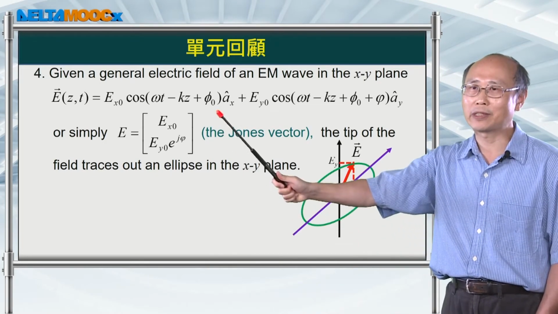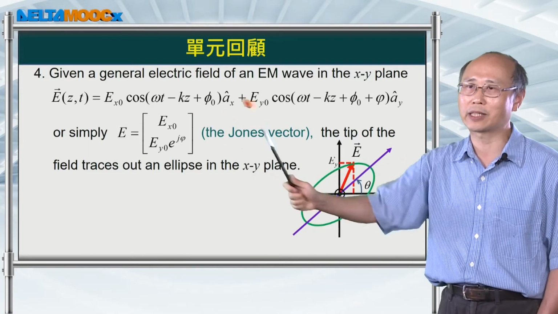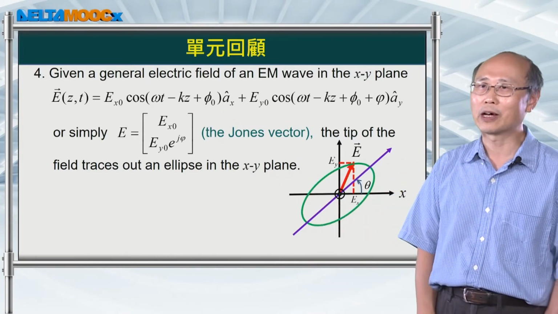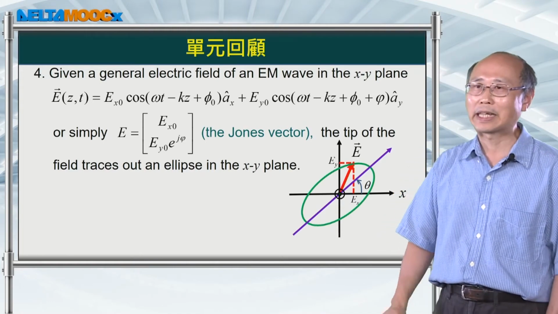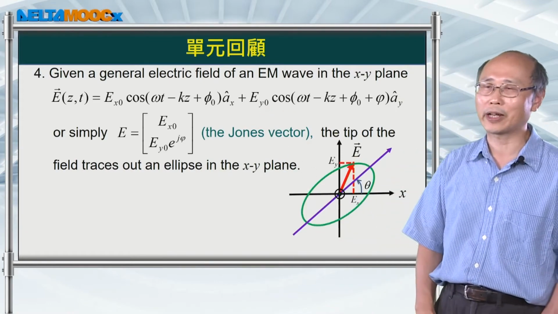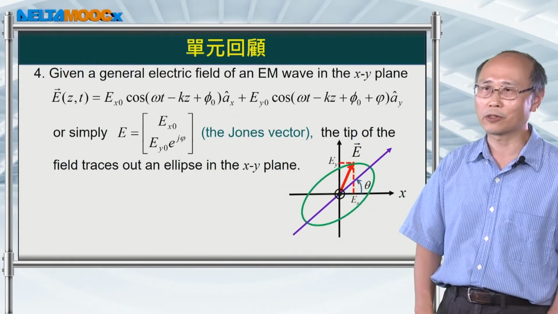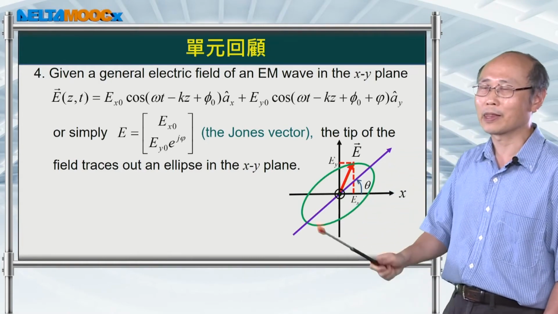And we continue to give some arbitrary component of the electric field on the xy plane, and we can always decompose the electric field into two components, one along x direction, the other along the y direction. And in general, the two amplitudes along these two directions are going to be different, and the phase between these two components could also be different.